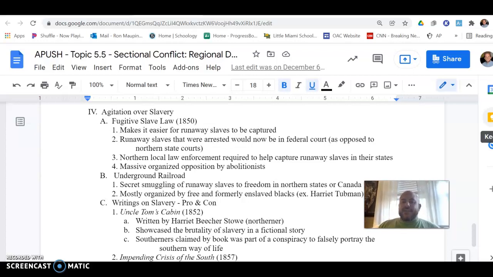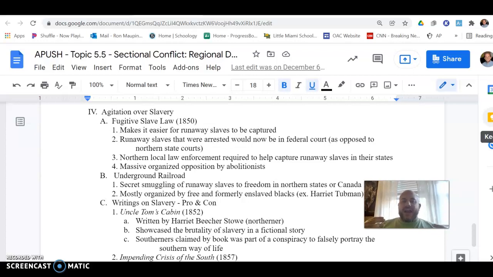And as the abolitionist cause is picking up more steam, this is only going to give more power to the Underground Railroad system, as we mentioned before, that was secretly smuggling slaves out of the South and into northern free states, and in many cases up to Canada.